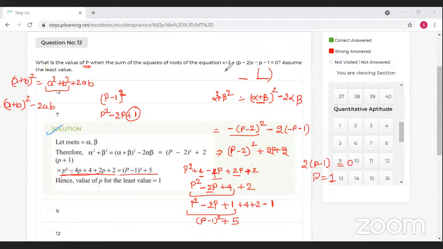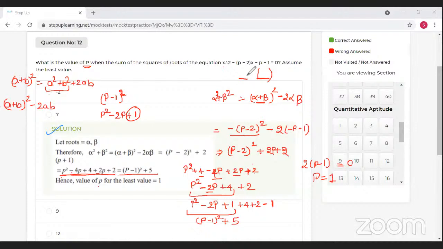Okay, now substitute 1 over here. Then see what we need to calculate. Answer has to be 1. What is the value of p when the sum of the squares of the roots of the equation is this. So if I substitute p is equal to 1, then the answer has to be 5, for p is equal to 1.